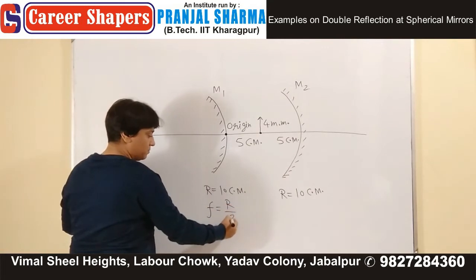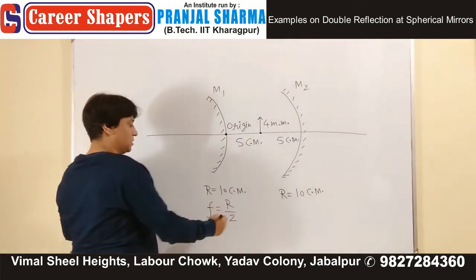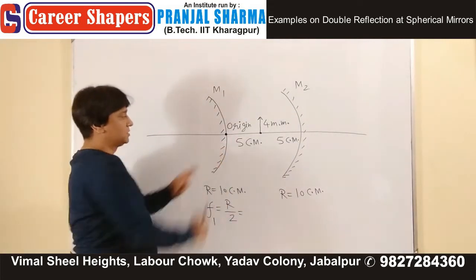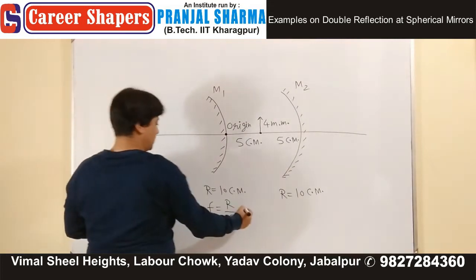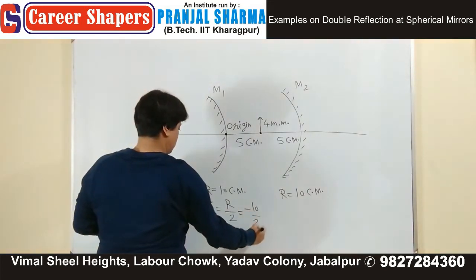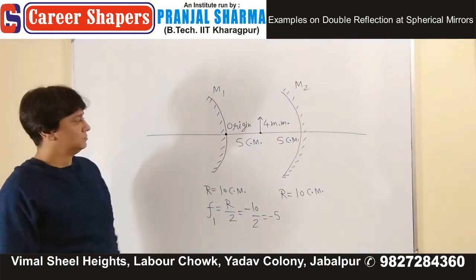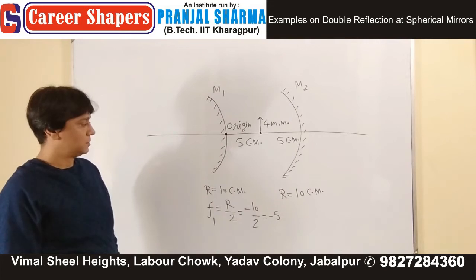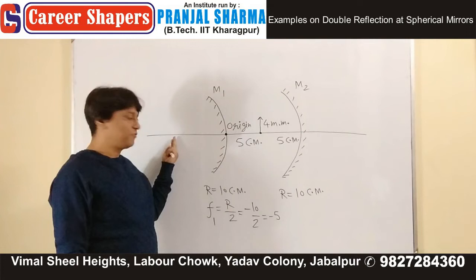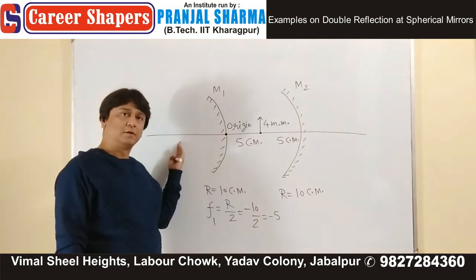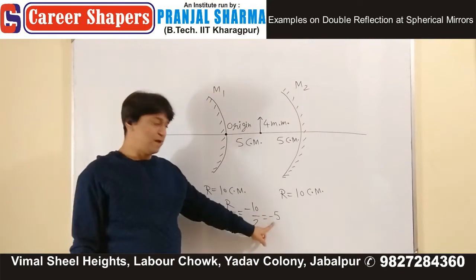R by 2, F1. For M1, F1. Radius is on the left side, -10, -5. This is the origin. Look at the center of curvature. It is on the left side and therefore R is negative. F1 is coming -5.